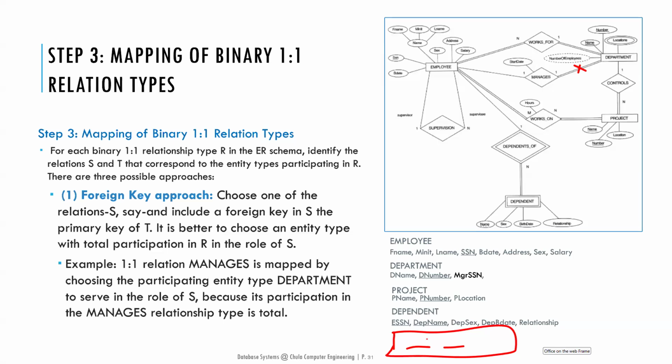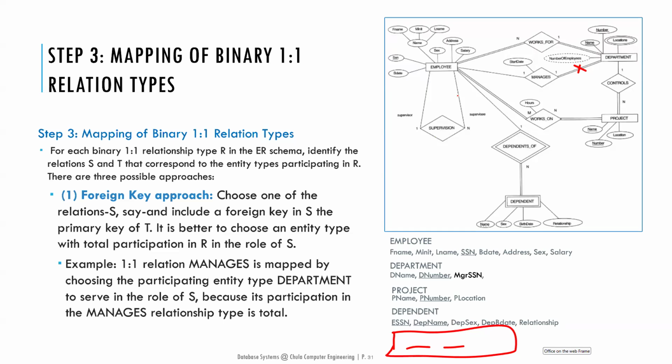What kind of attributes would be in this third relation? Okay, the question is that for these three different options, the third option says that you create a new relation, and within the new relation, you only keep the attributes which are keys from both of the entities related to it.